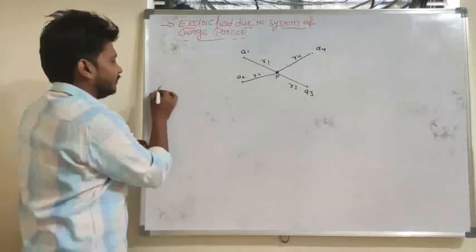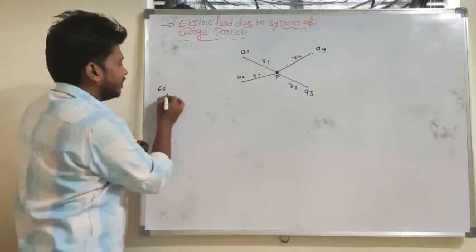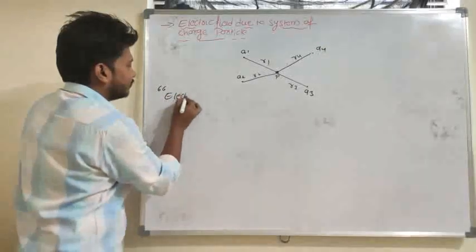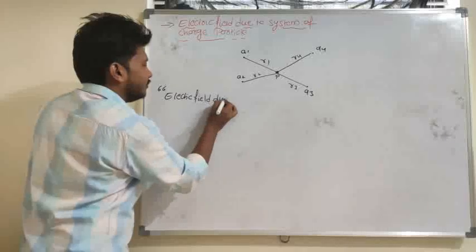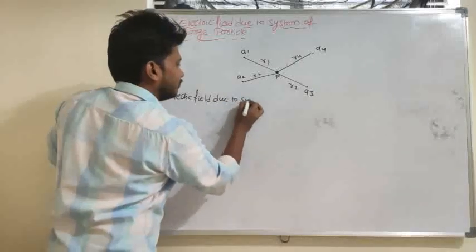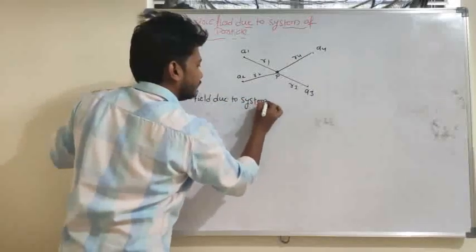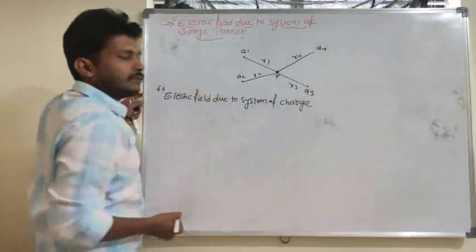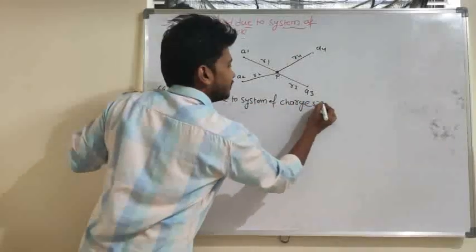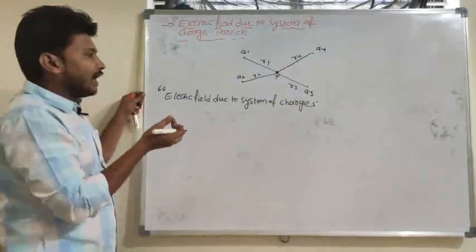So what is the electric field due to a system of charges here? What are the charges here? Q1, Q2, Q3 and Q4.